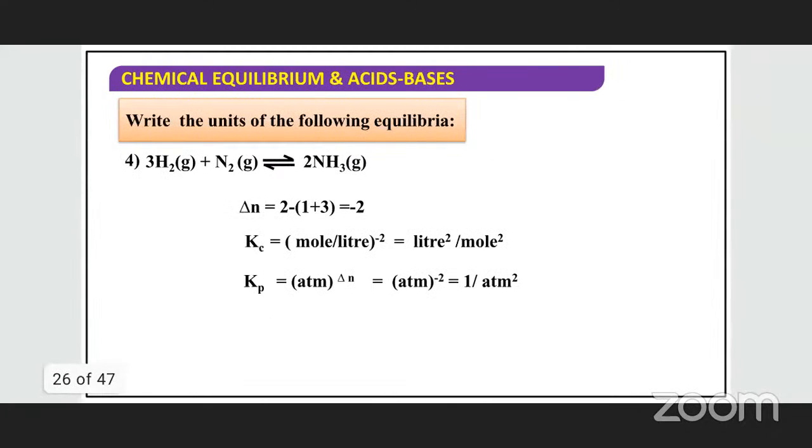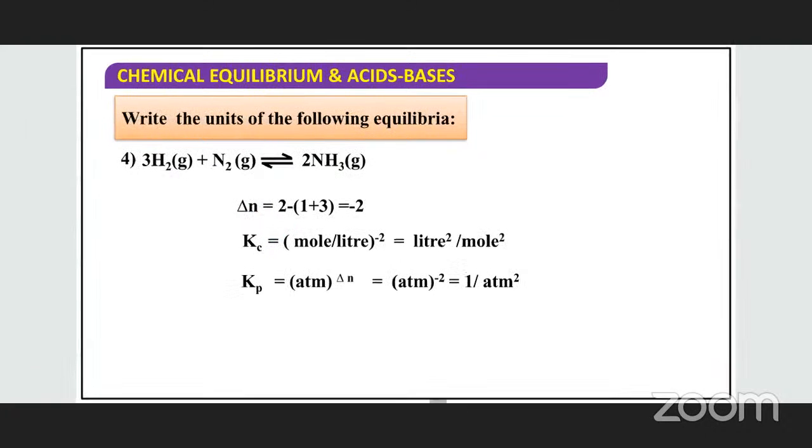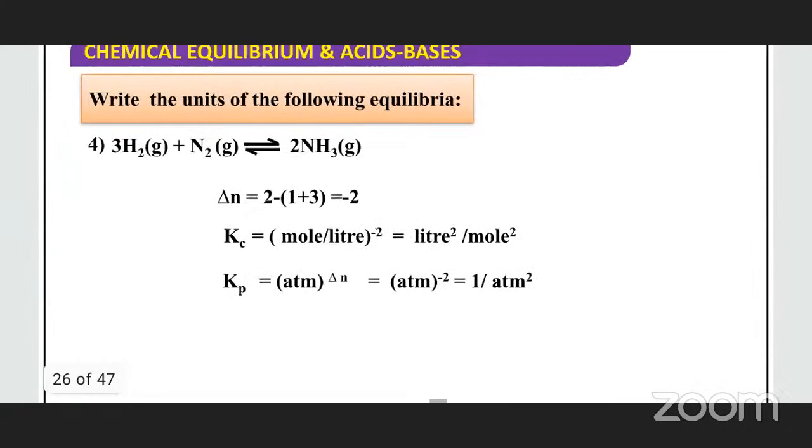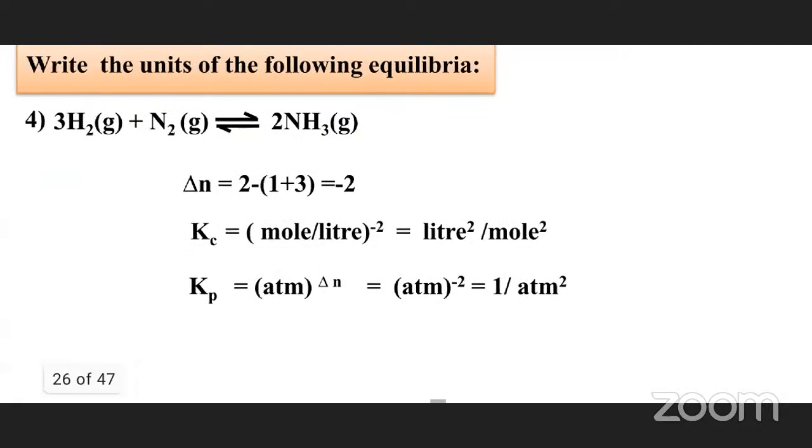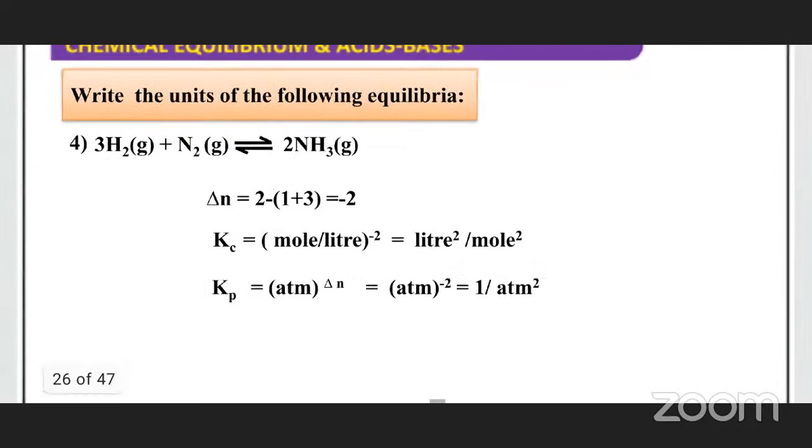In the next example, 3H2 plus N2 gives rise to 2NH3. Delta N is equal to the number of moles of product minus the number of moles of reactant. Here the number of moles of product is 2, minus the number of moles of reactant, 3 plus 1, 4. 2 minus 4 is equal to minus 2.